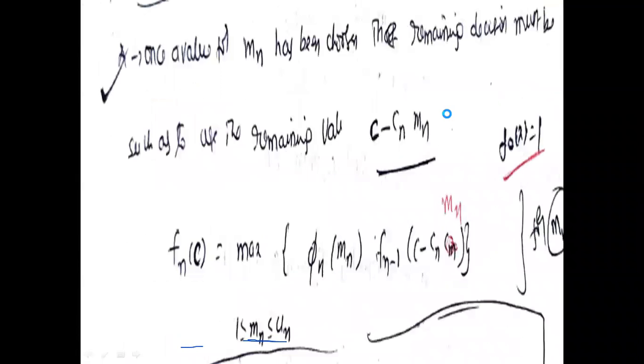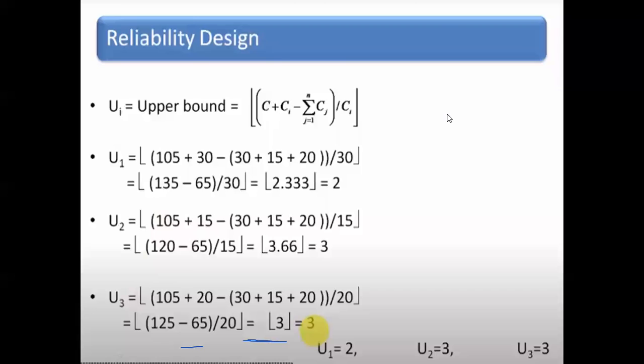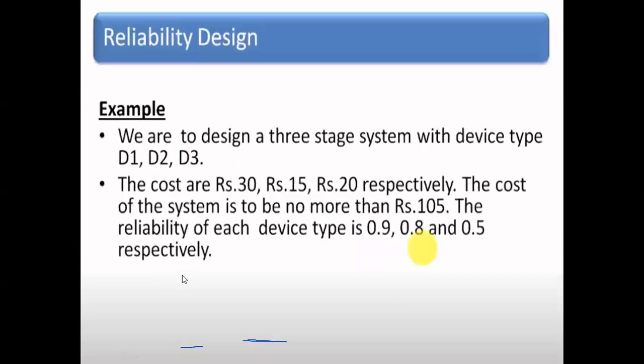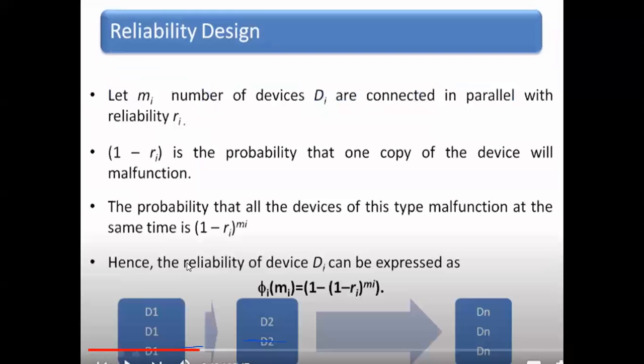So the number of devices in each stage is 1, 2, 2. By using parallel design, the number of devices used in the first stage is 1, in the second stage 2, and in the third stage is 2.